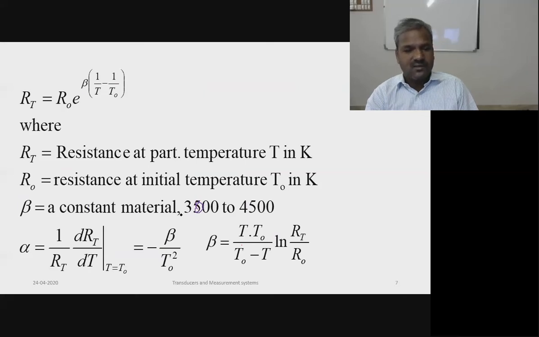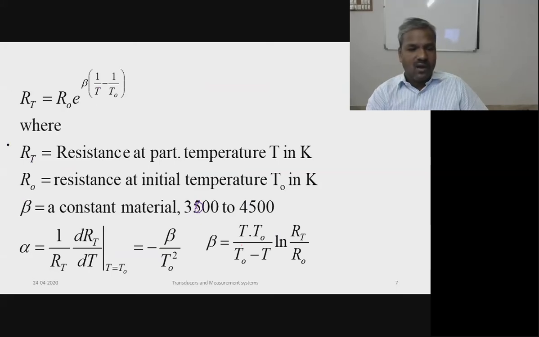Beta is a constant of the semiconductor material. RT is the resistance at a particular temperature T. R naught is the resistance at the initial temperature T naught.